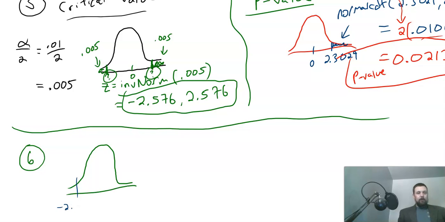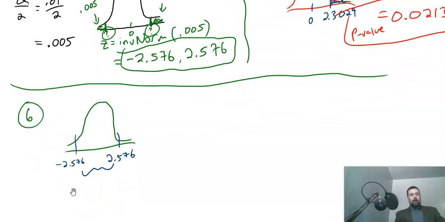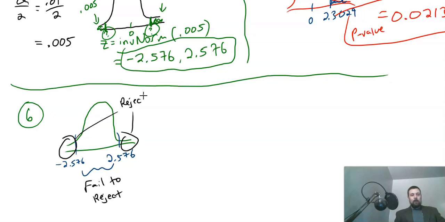So negative 2.576 and positive 2.576. As long as the test statistic stays between these two numbers, we will fail to reject the null hypothesis. However, if the test statistic becomes more extreme, if it goes further into the left tail or into the right tail, we will reject the null hypothesis.